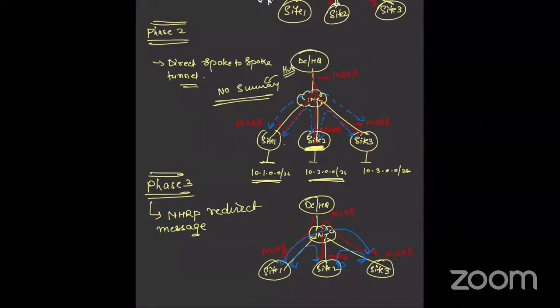But when the hub receives that, it's going to see that this packet is for the remote site. So what it's going to do is send this special message, which is known as the redirect message. Okay, so let me do it with a different color. So it's going to send the redirect message to your sites which are communicating.